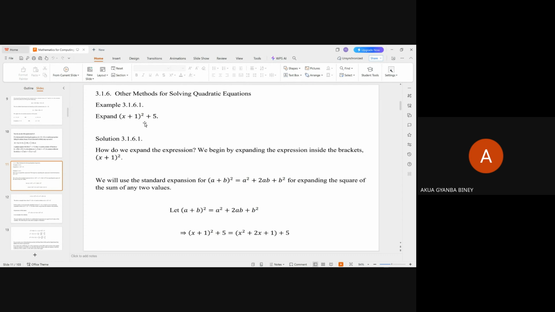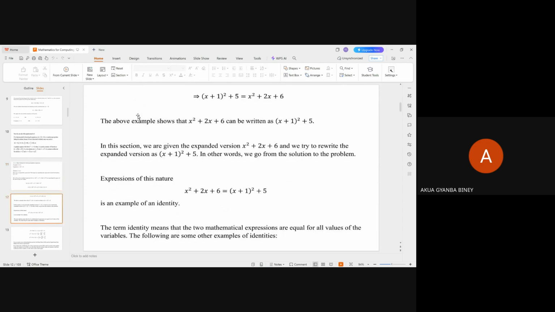This is a problem, and we are to expand it. And the expansion of this is x squared plus 2x plus 6. So what it is trying to say is now you will be given the solution to express it in another form, of which this is the other form. That is what it is trying to say here.